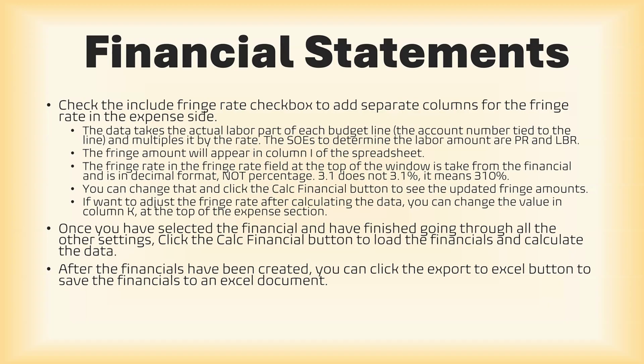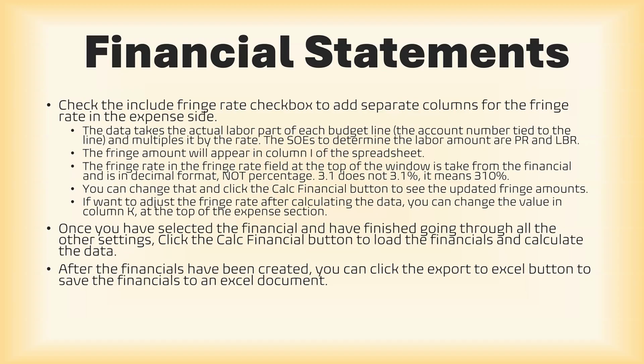And we use SOEs, PR, and LBR for the calculation. So the dollar amount is taking that fringe rate and multiplying it by the PR and LBR transactions for each account number. So if you're not sure where we're getting the numbers from, they are all your PRs and LBRs from that account number.